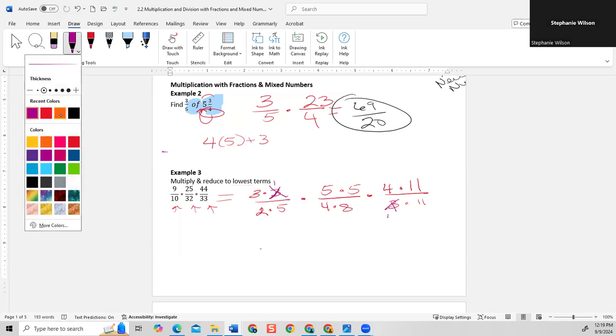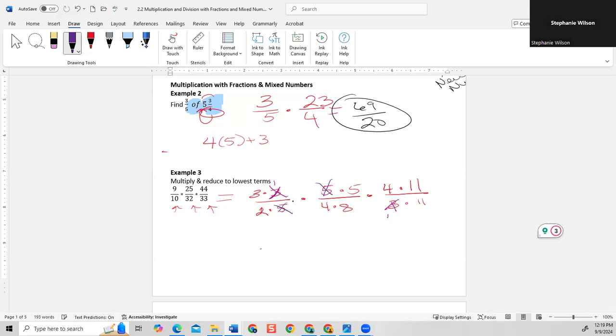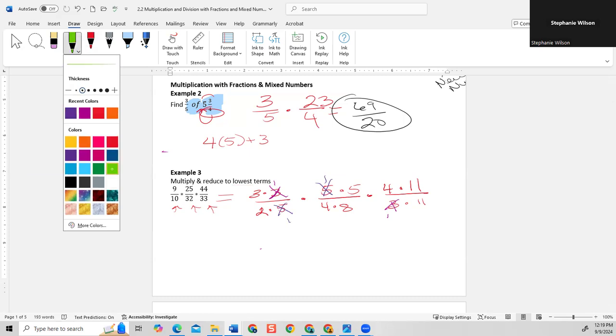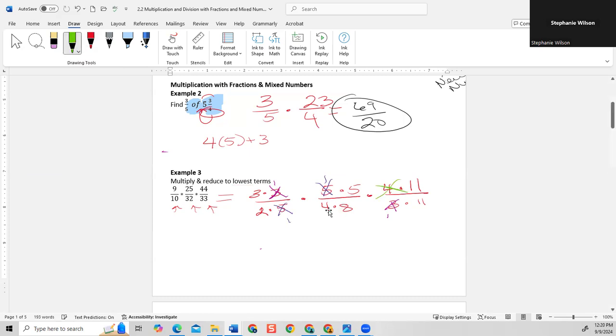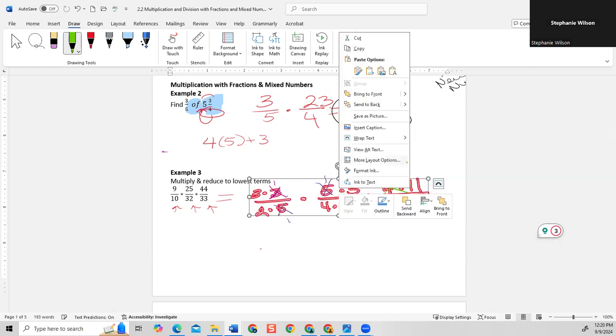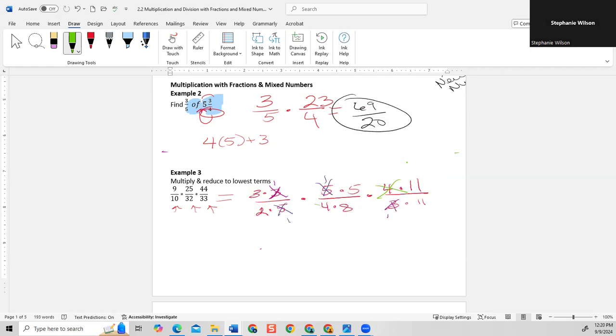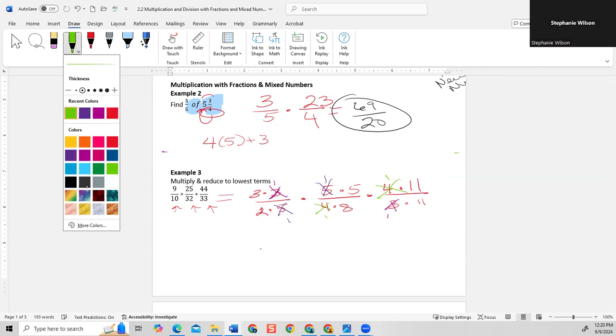Next, I have a 5. What else do I have? Oh, I have a 4. They go into itself once. Oh, and I have 11. And that appears to be it all.